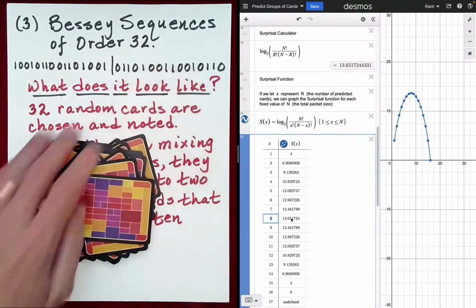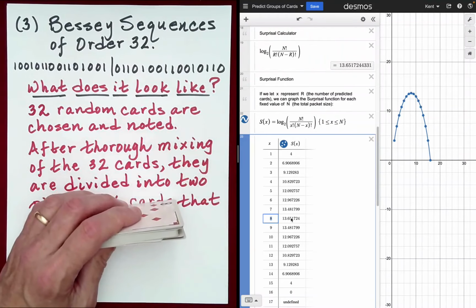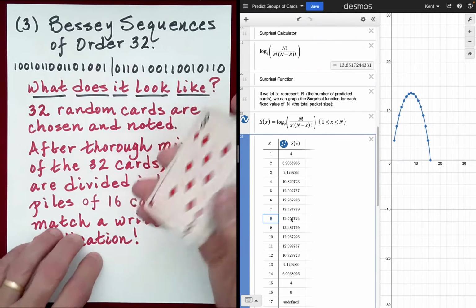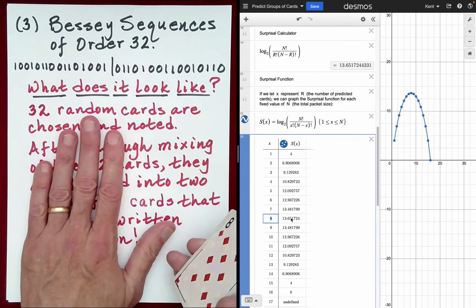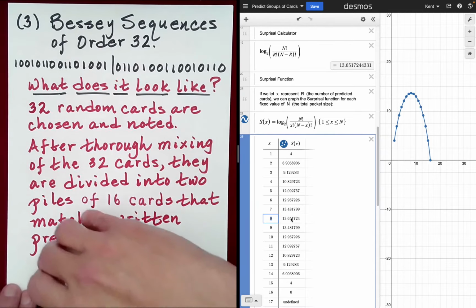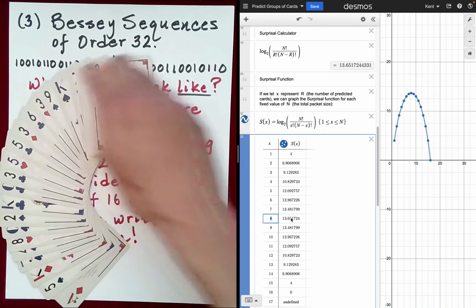So I do encourage you to watch my performance dealing with Bessey sequences of 32. It's probably a more manageable routine than what I'm suggesting right here, but that routine and this one have the same surprisal value.